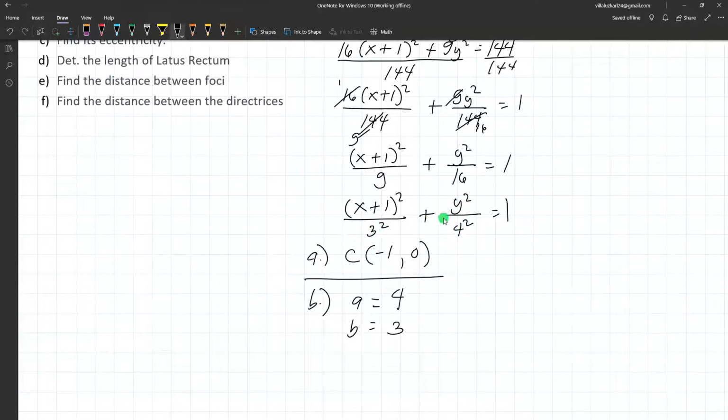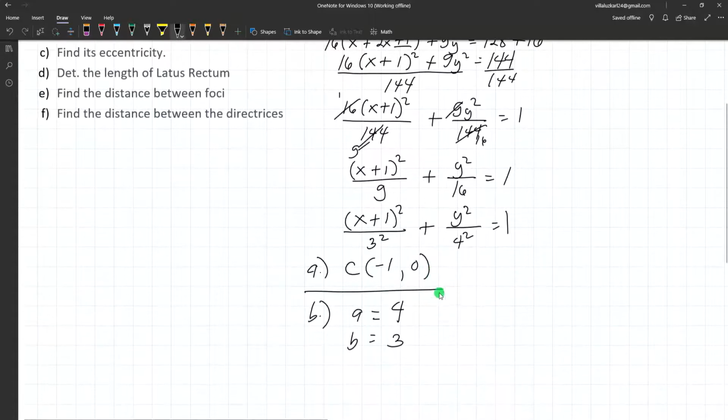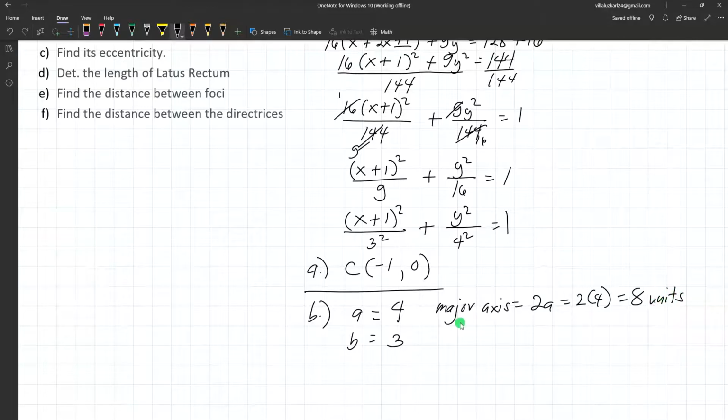So the axis that has a longer distance is along the y direction for your ellipse. That's why in determining the minor and major axis, the major axis is equal to 2a equals 2 times 4, that's 8 units. For the minor axis, that is 2b, equals 2 times 3 equals 6 units.